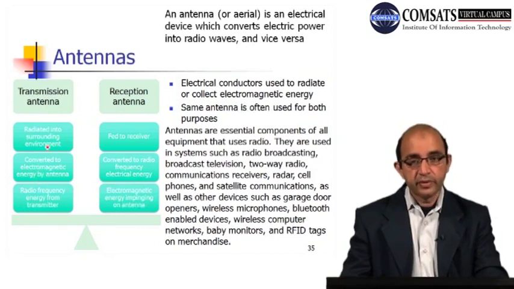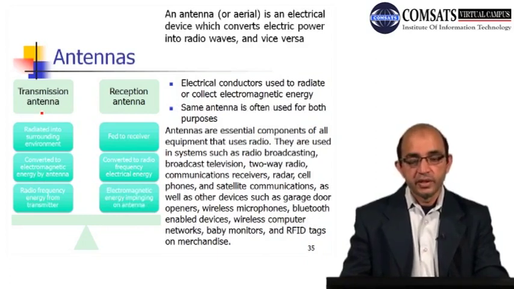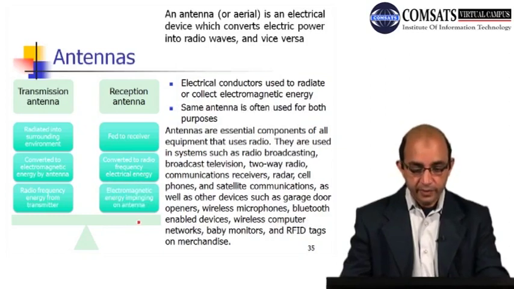In order to transmit, of course, you have to convert the electrical pulses into radio waves. For reception, the receiving antenna converts radio energy into electrical pulses or electrical energy.